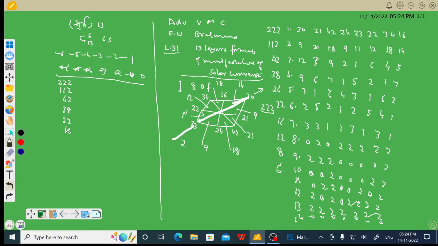These are the 7 layers. The uppermost 7 layers are as these are, being of the values as being mentioned here.